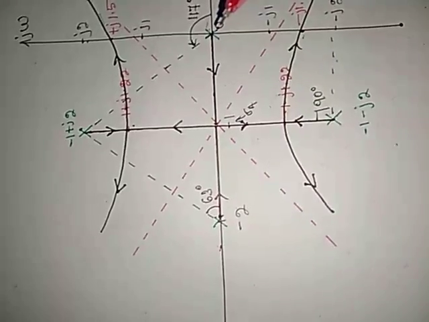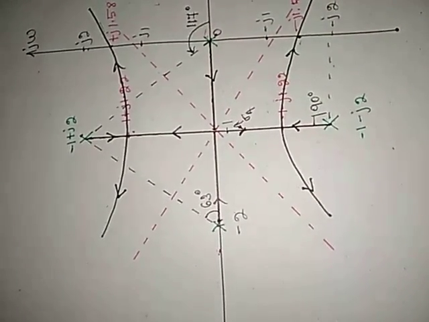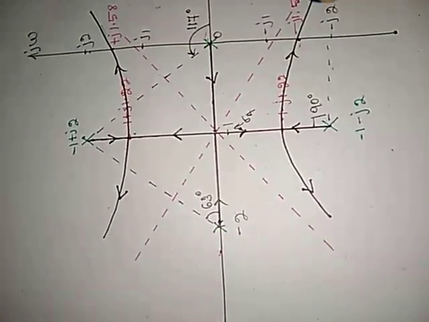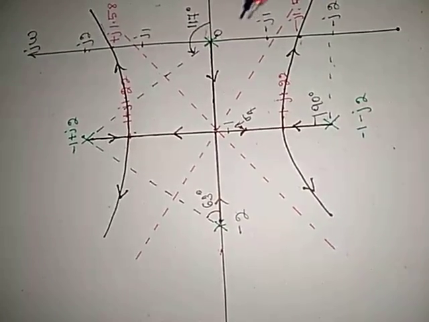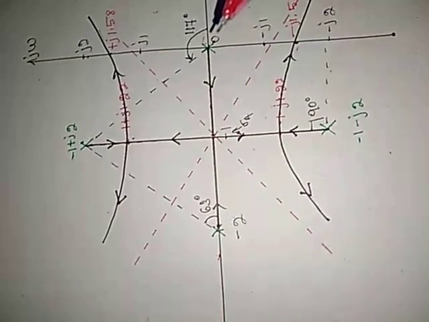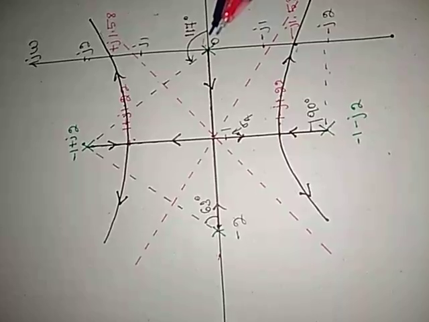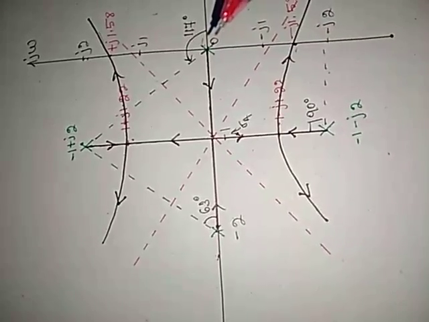Here in my given question, there are only open loop poles, no zeros. So root locus starts from open loop poles and terminates at infinity.